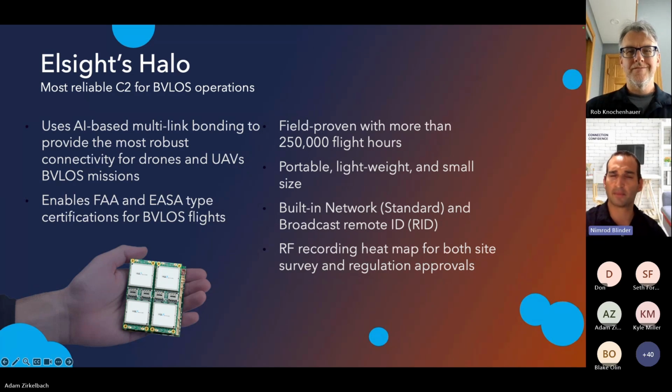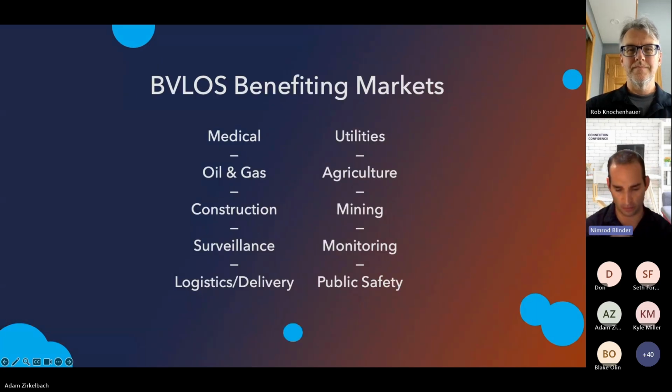So if we're talking about what our job at Elsight is for the industry, at the end of the day, as Rob mentioned, the waiver and type certification are long processes that take a lot of patience, effort, money, and time.